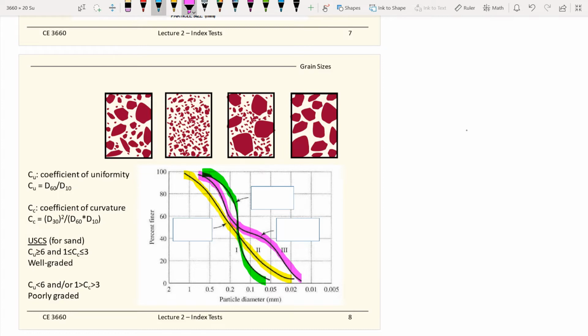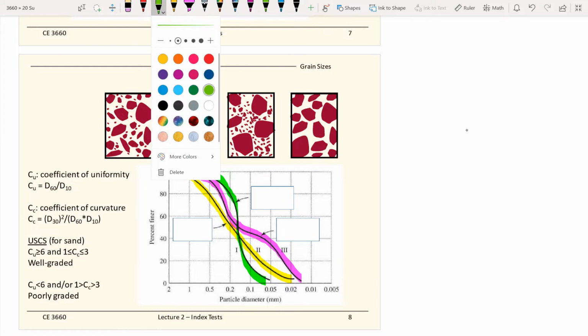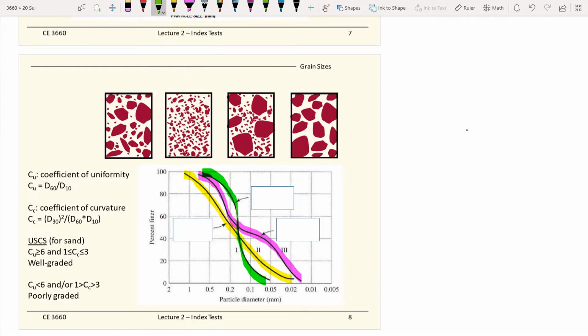Because remember, if you have this strict line portion right there, it means that you have quite a bit of the soil percent passing belonging to this particular size. So for example, this graph here is telling you almost 50%. This is about 70, this is about 20 right there, a difference of about 50. So about 50% of soils is at this particular size.